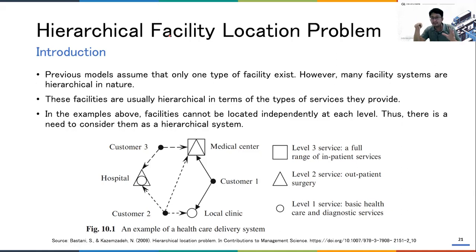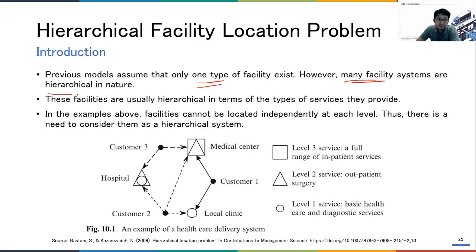For example, we only have one layer, one type of facility. So one particular facility is not different from the other facility, but in practice maybe there is more than one type of facility.